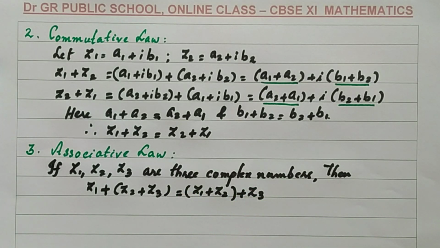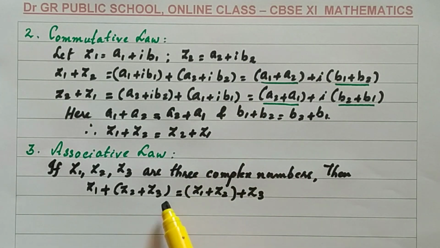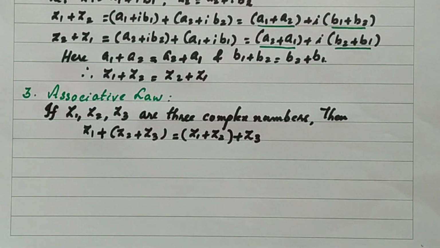I don't wish to prove this. If you want, you can prove it by taking three numbers: Z1 as A1 plus IB1, Z2 as A2 plus IB2, and one more complex number, Z3 as A3 plus IB3, and check. You can study the proof and then come to the fourth property.